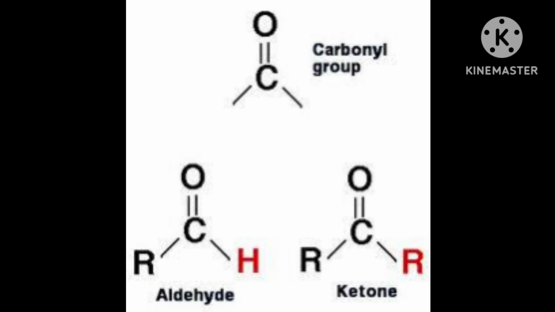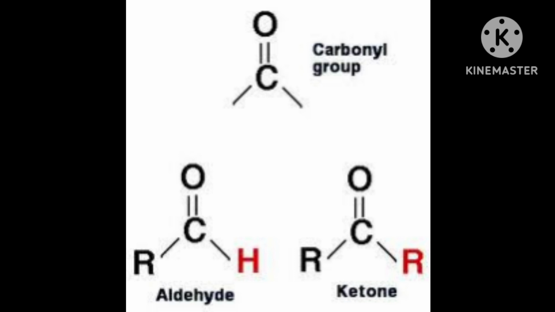I will tell you the nomenclature also. As I already discussed, the aldehyde structure is the CHO group, C double bond O, and that C is attached on one side with R, on the other side with H. When the carbon of the CO group is attached with H, it is called the aldehyde group, CHO, and the other side may be attached with alkyl R.